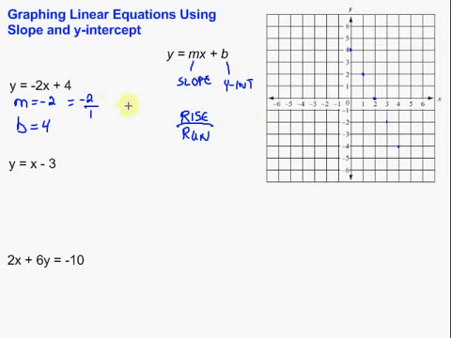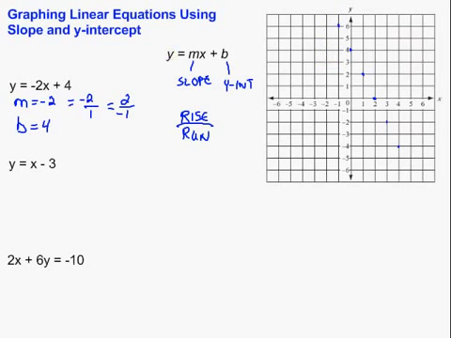Now I can also think of this fraction as 2 over -1, because I can put the negative on either the top number or the bottom number, the numerator or the denominator. If I choose to write it this way, then I go back to my y-intercept and I rise 2, so I'd go up 2, and then I'm going to run -1, which takes me 1 to the left, which leaves me right here.